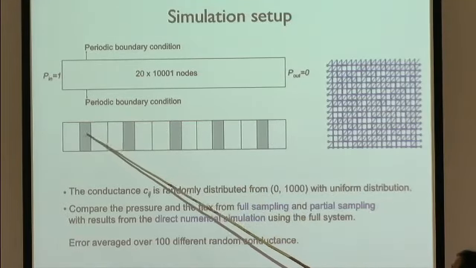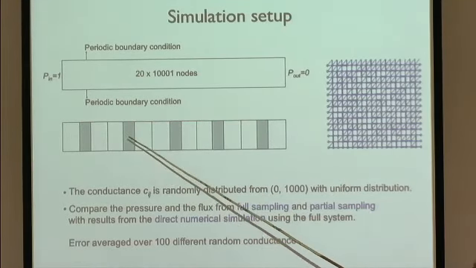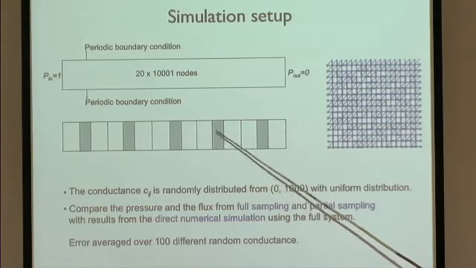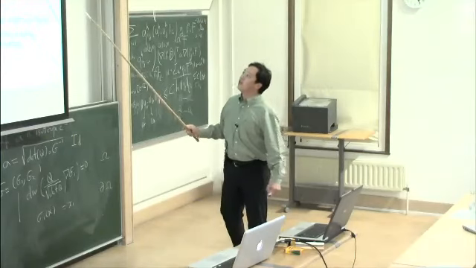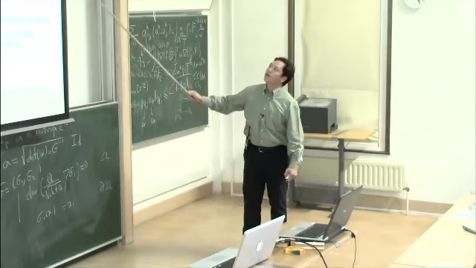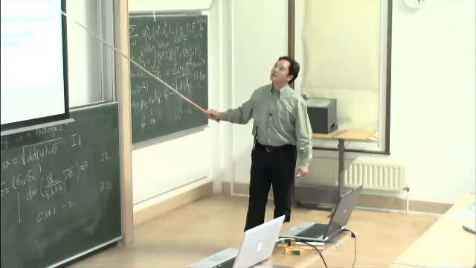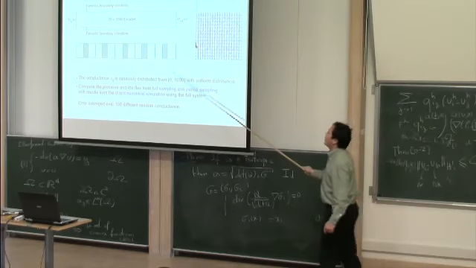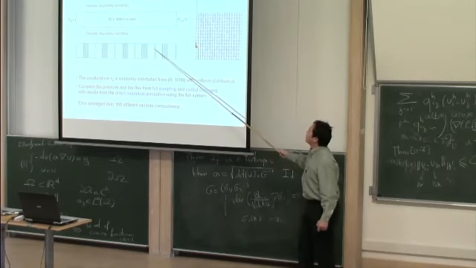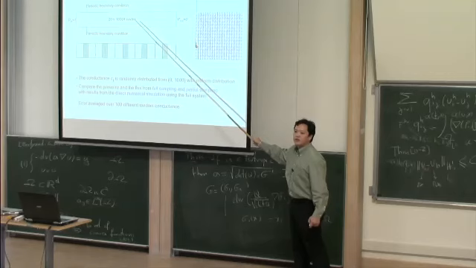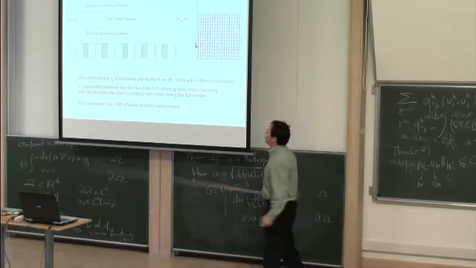These are the subdomains, subnetworks that we're going to solve in order to find the fluxes at different locations. Initially, we randomly distribute the positive conductance through the network, and then we compare our numerical simulations using this multi-scale method to the solution of the entire network model.